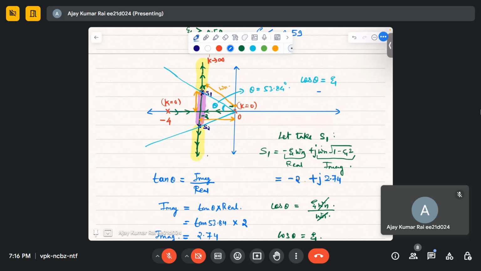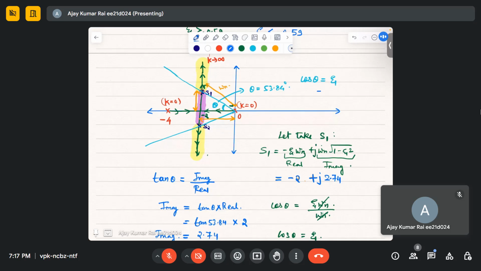If I increase the value of zeta past this purple or magenta, and it goes into the yellow region, what I am saying is I am increasing the peak overshoot, right?